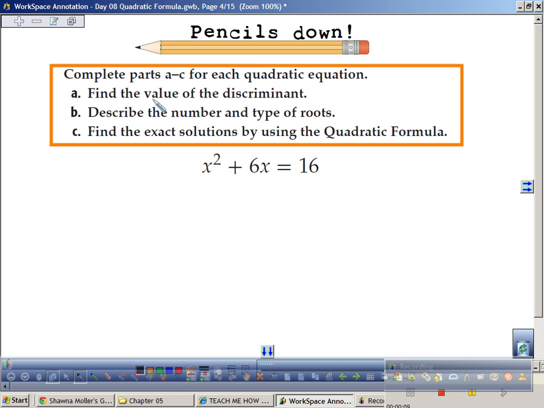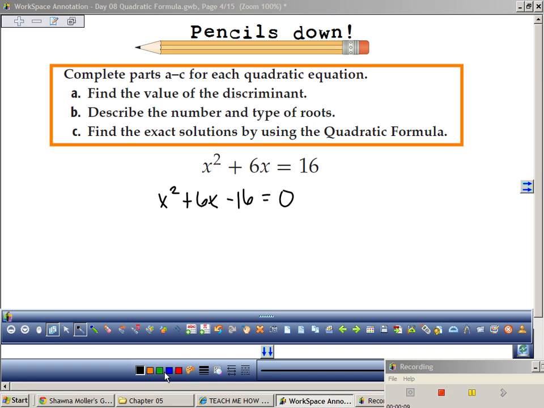So my first step, I'm going to need to find the value of the discriminant, describe the number and type of roots, and find the exact solutions by using the quadratic formula. So my first step is to solve for 0. This needs to be in standard form before we can use it, correct?